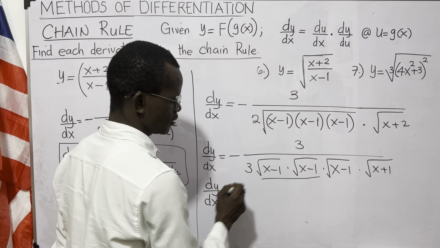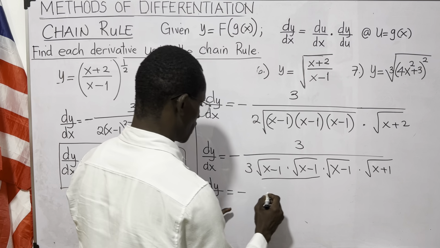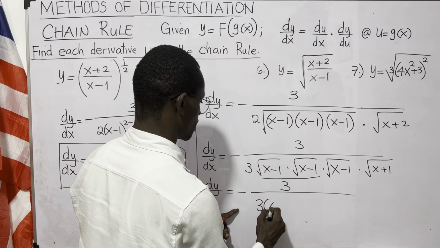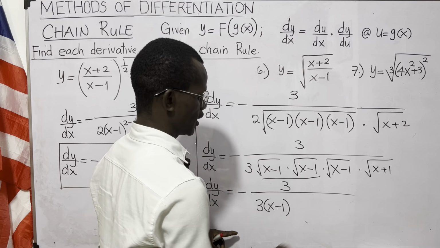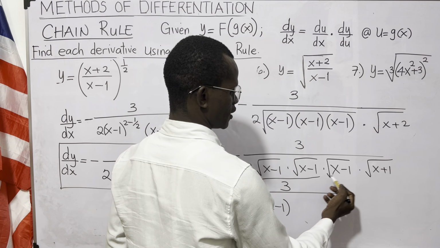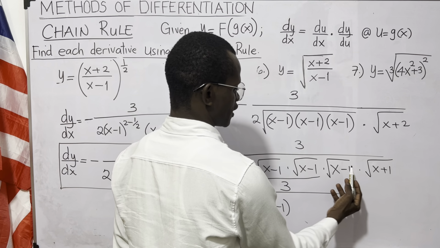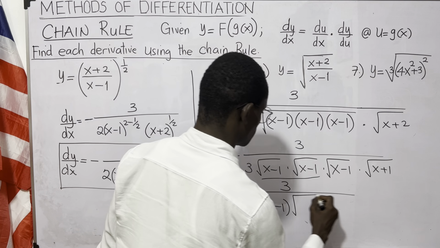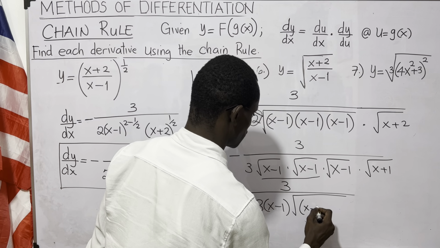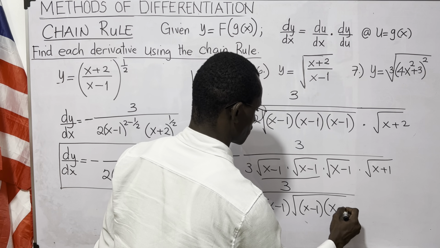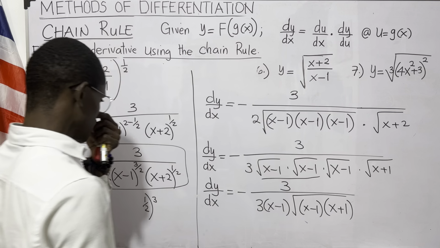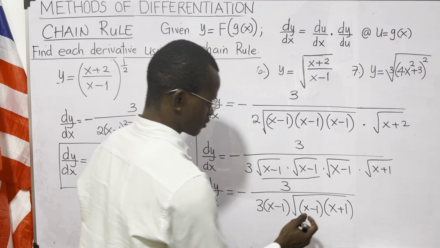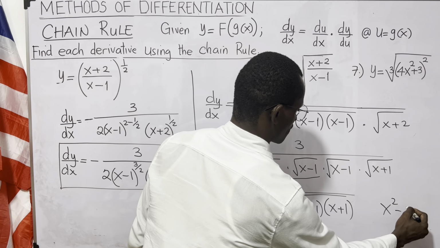This and this, the root cancel, so you have 3 over 3 times (x − 1). And this is the same root, so we can put it under the same root: (x − 1) times (x + 1). What is (x − 1)(x + 1)?